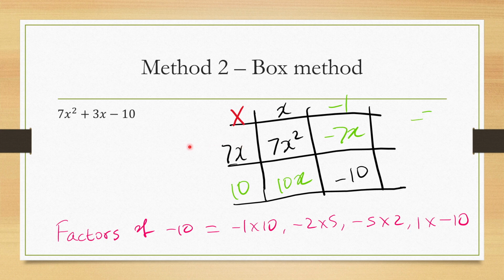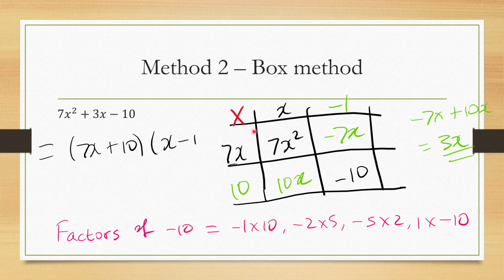If you simplify, minus 7x plus 10x gives 3x. So the answer is this is one set of brackets and this is the other set of brackets. So this is actually the answer.